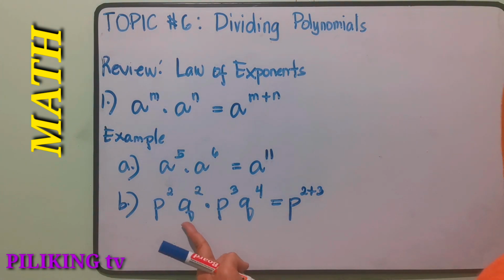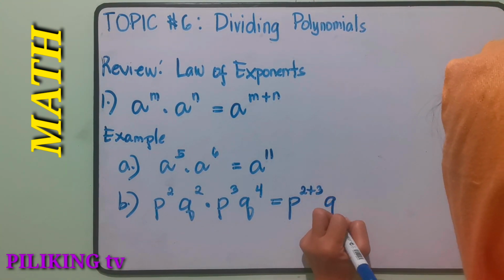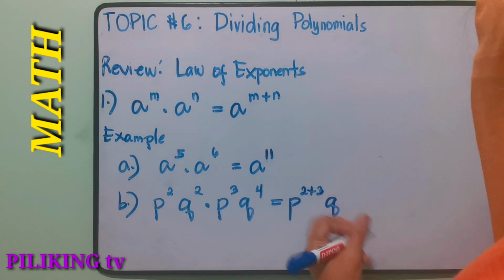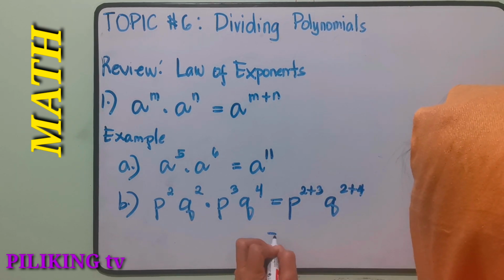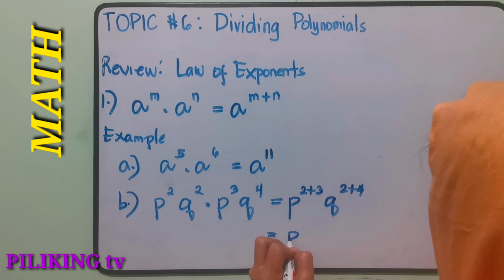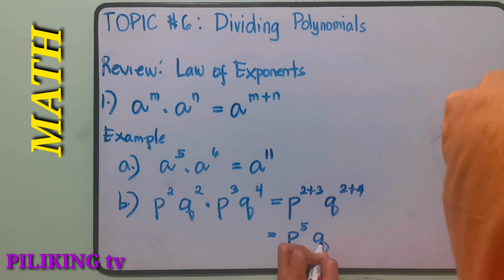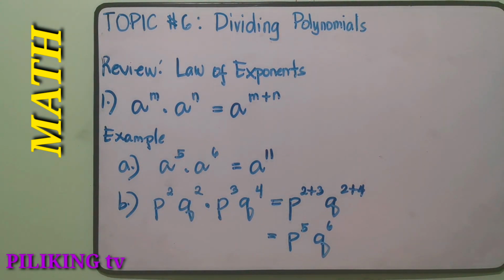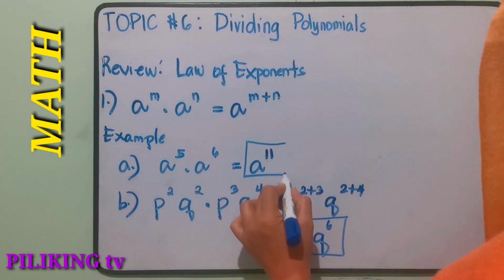And then we have q as the same base, so you write q, and the exponents are 2 and 4, so we have 2 plus 4. So p raised to 5 times q raised to 2 plus 4, which is 6. Therefore we have p raised to 5, q raised to 6, and the first one is a raised to 11.